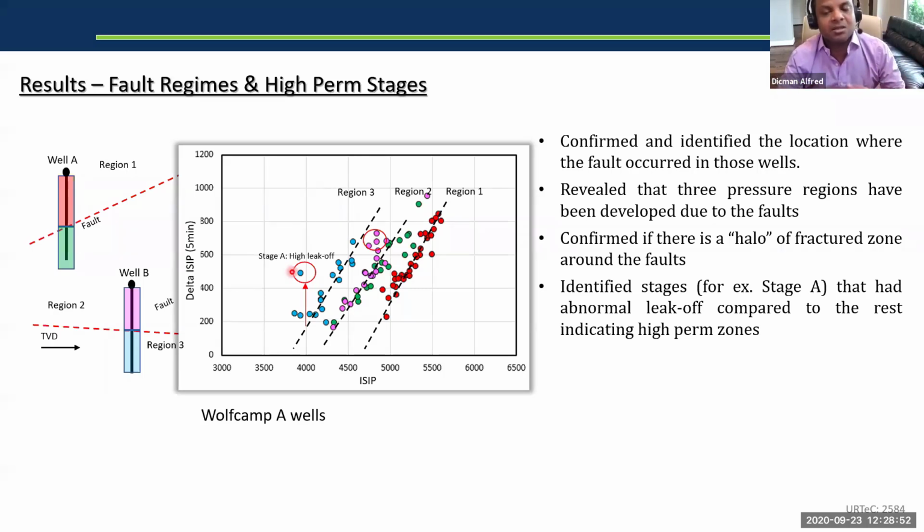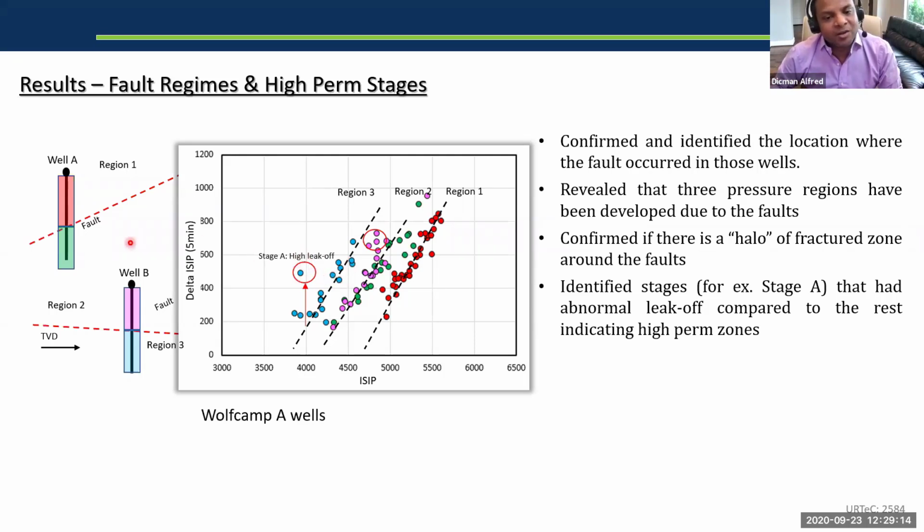You could have a lot of natural fractures that could have caused the high leak-off. So this is another way to determine which stages would have this high leak-off. We'll come back to interpret this as a function of geology, but the first thing out of this is that whatever you want to interpret in geology, stage A has a higher permeability than anything else. That's true. So what do you do with this?